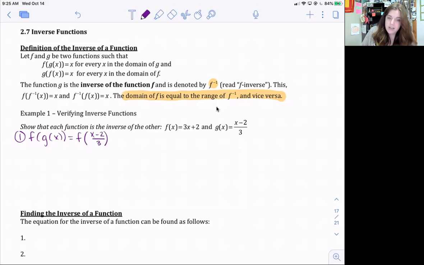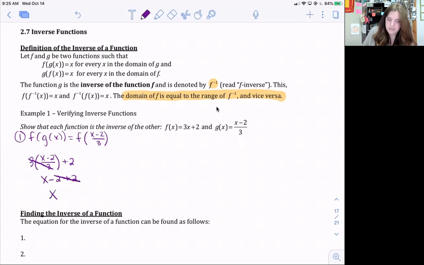Plugging that into our function f, we get 3 times the quantity (x minus 2) divided by 3, plus 2. Well, 3 divided by 3 cancels. We're left with x minus 2 plus 2. Negative 2 plus 2 cancels, and we're just left with x.